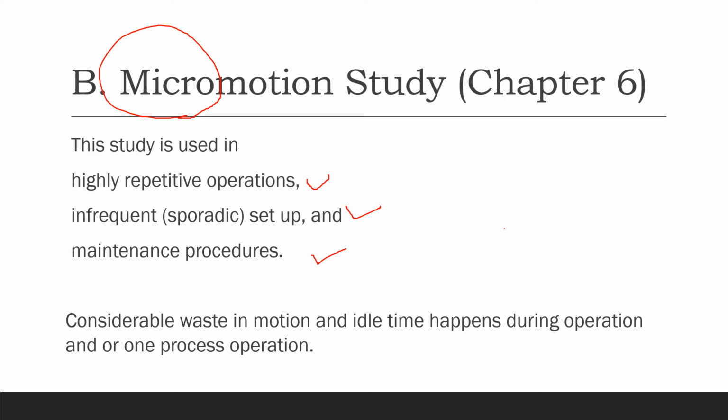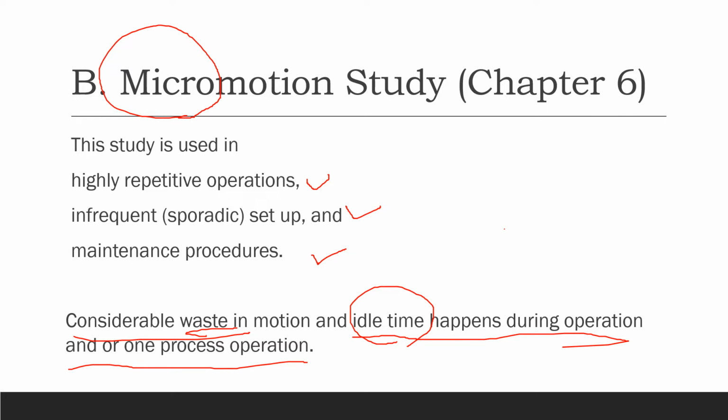So why do we have to do micromotion? It's because in manufacturing flow, a considerable amount of waste happens in motion and also in idle time. It happens during the operation and on-process operation. So this idle time and considerable waste in motion happen during operation and on-process operation.